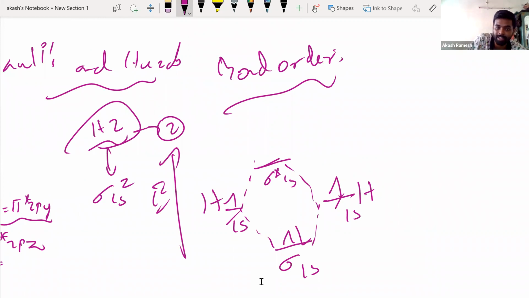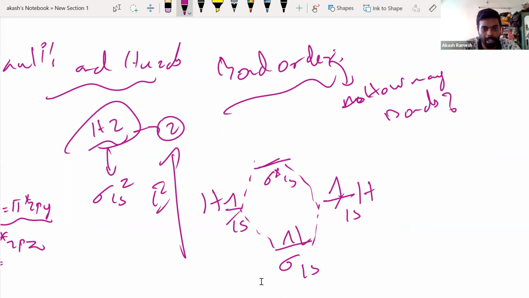Bond order basically tells me how many bonds there are. I know between 2 hydrogens there is only 1 bond, between O and O I have 2 bonds, between N and N I have 3 bonds. That particular number is given by bond order.